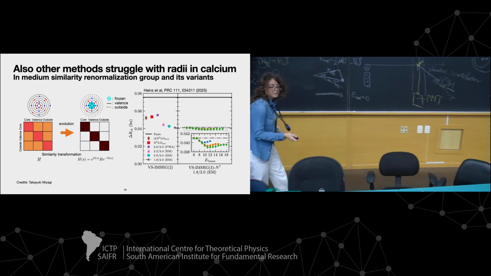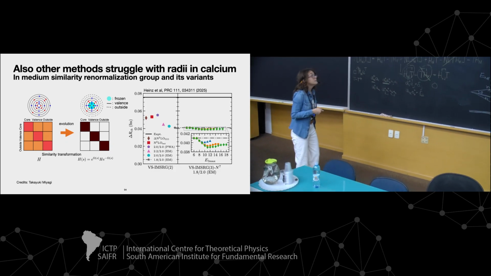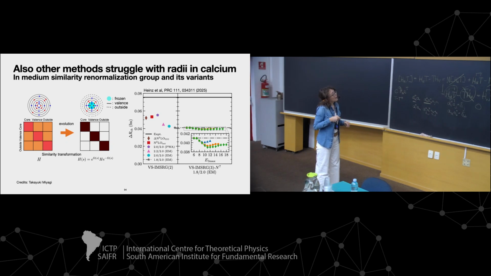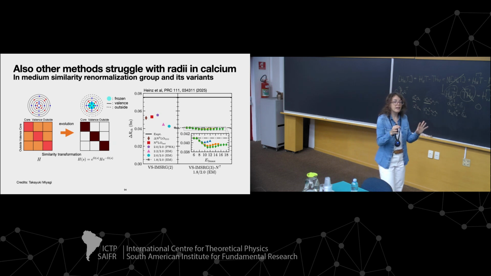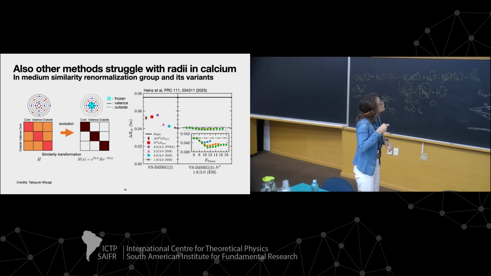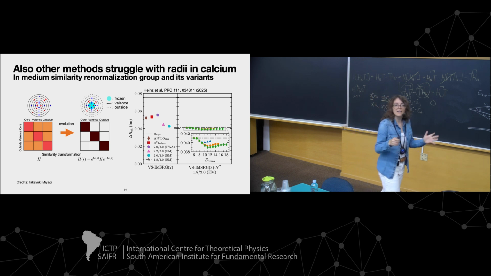And this is the result for radii in calcium by the valence space IMSRG. So here we are considering differential radii between calcium-48 and calcium-52. So you see here the equivalent, basically, of CCSD. We are not able to get to the experimental data, which is up here, while all these points are different interactions. So dependence on the Hamiltonian is not helping us here.